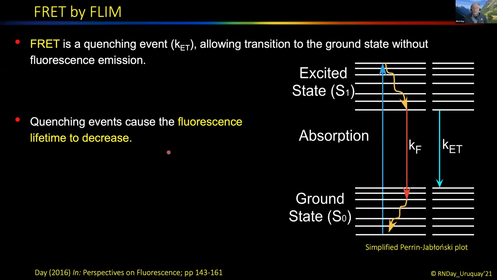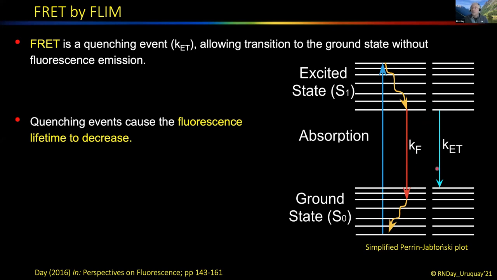And of course, again, as you know, FRET is a quenching event, a different way for a fluorophore to get down to the ground state without emitting a photon. So this is a probe that's being excited, it goes through internal conversion, relaxes back down to the ground state and emits a photon. That's fluorescence.